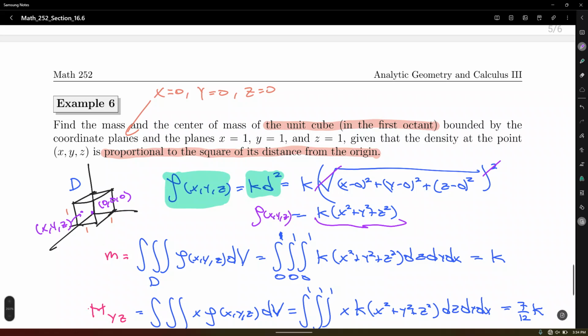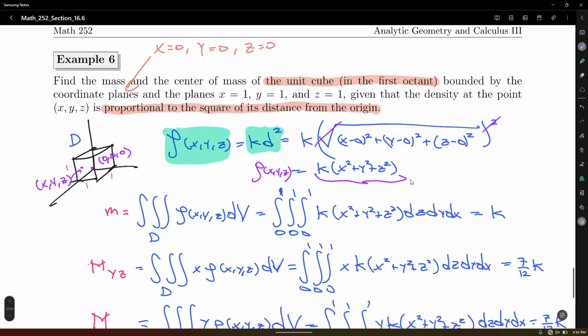All right. Okay, let's set up the triple integrals that calculate the center of mass. So number one, let's calculate the mass. The mass is calculated by, let me highlight this density function because we're going to need it, the triple integral of rho of x, y, z, which is k times (x squared plus y squared plus z squared).